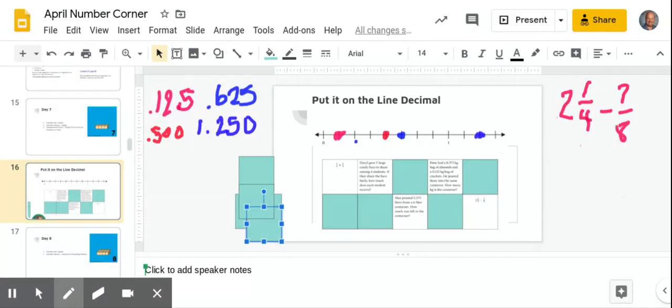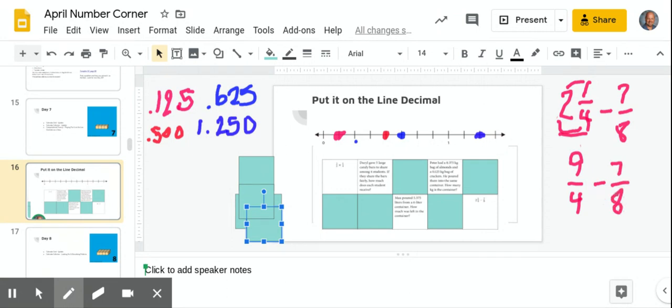All right, so now that you're back, hopefully you came up with your answer. I have to convert this to eighths. I have to change my mixed number into eighths, which would be, I'll first convert it into an improper fraction. 4 times 2 plus 1 equaled 9/4 minus 7/8.